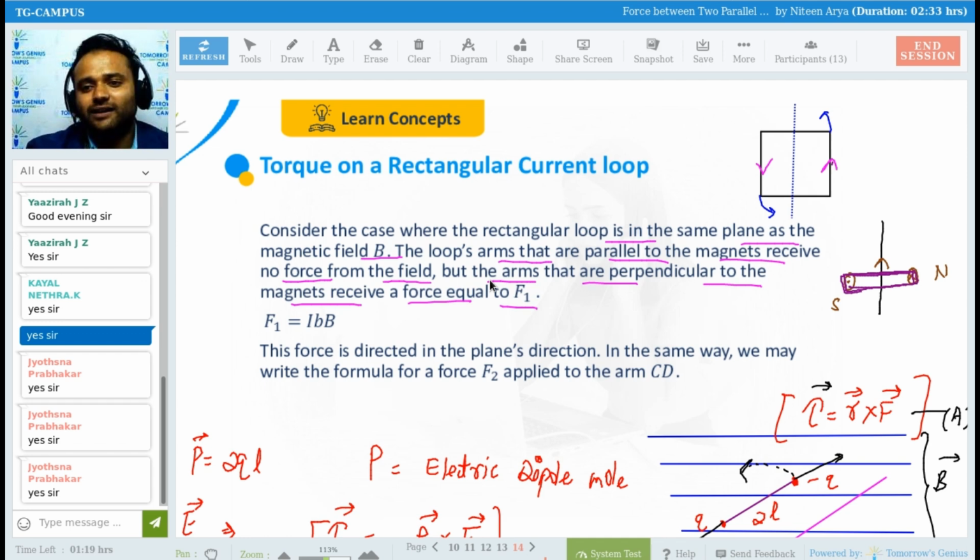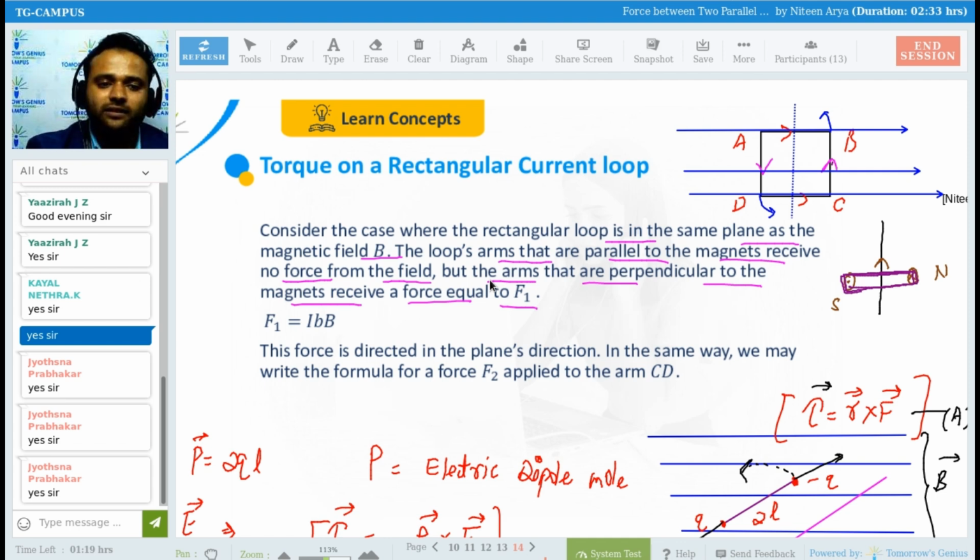Okay. And now you can ask me this: why can we not talk about the force on these arms? If the loop is ABCD and my magnetic field is going in this way, why am I not talking about the force on AB or CD?